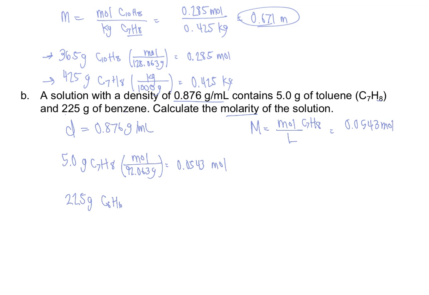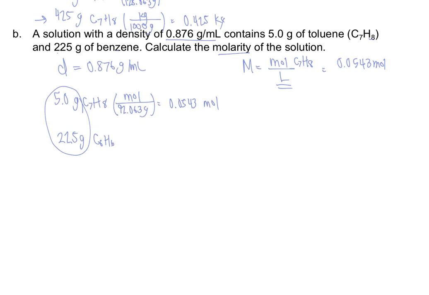And then for the denominator, now this is the volume of the solution. So I'm actually going to need to take the total mass of my solution, which is my solute plus my solvent. So I have actually 230 grams of my solution. And it told me that my density was 0.876 grams per milliliter. So you're going to actually take that density and get into milliliters, 0.876 grams per milliliter.